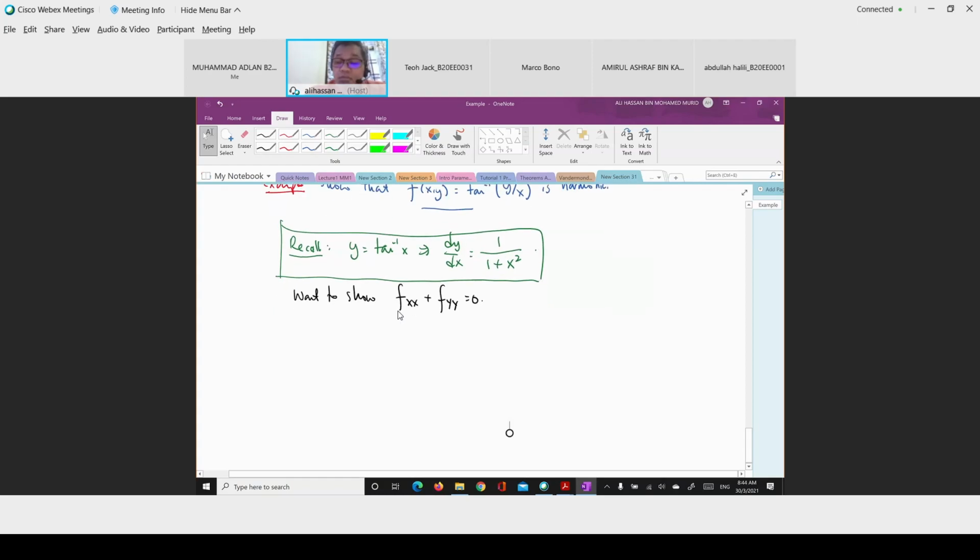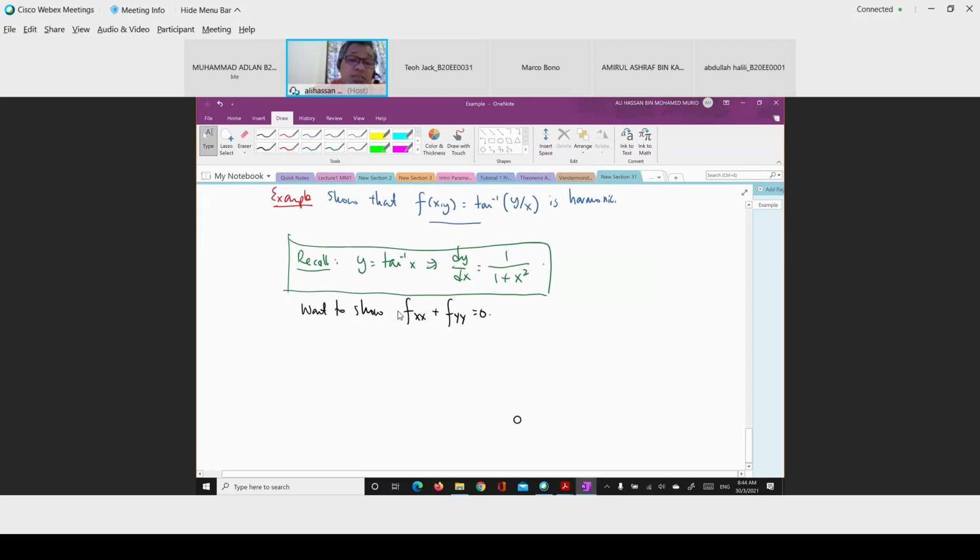So what is f partial x, for example? You have to apply the chain rule here. It is 1 over 1 plus y over x squared, and then times the partial derivative of y over x, right? This is what you need to calculate.